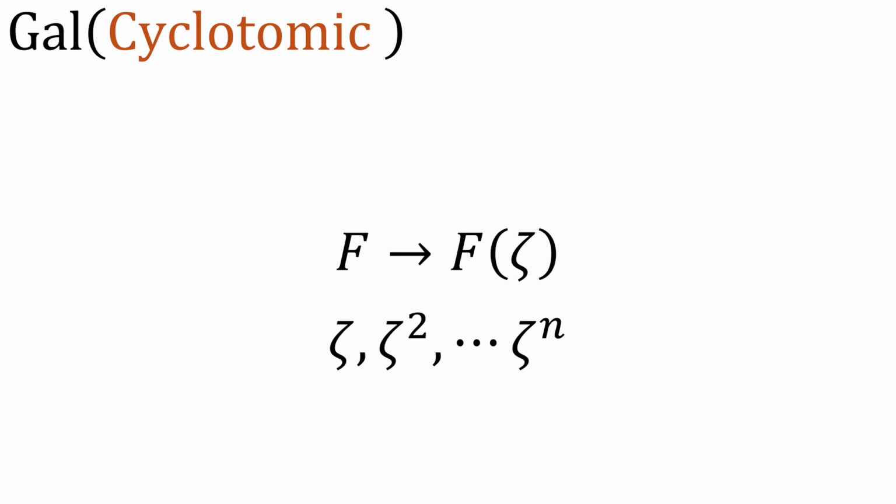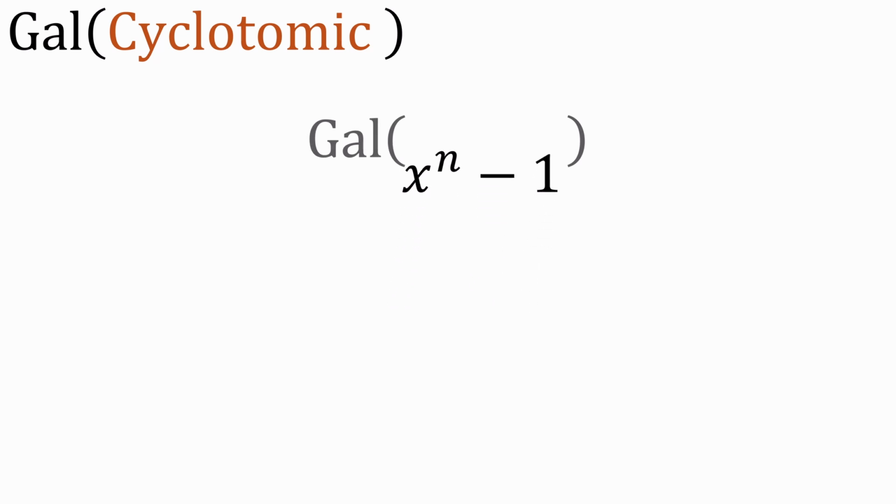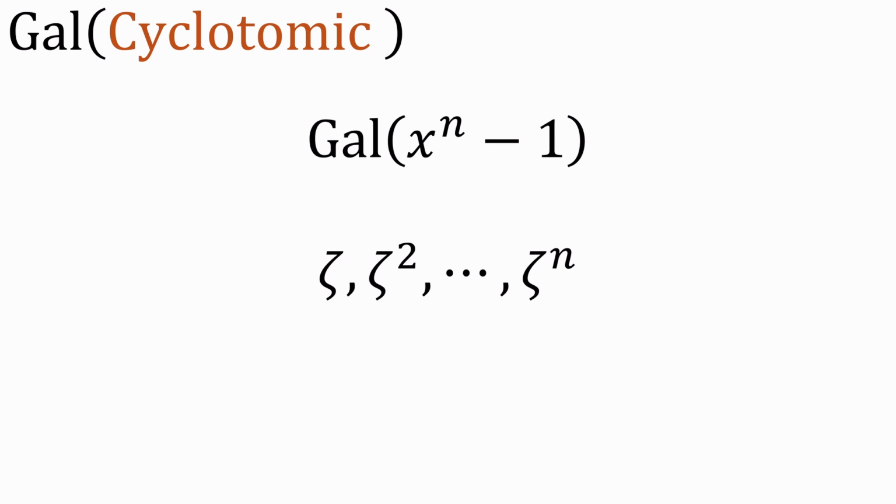We can think about this using our interpretation of Galois groups permuting roots of a polynomial. In this case, we've adjoined the nth roots of unity, zeta, zeta squared up to zeta to the n. These are the roots of the polynomial x to the n minus 1, meaning we're dealing with the Galois group of this polynomial. This Galois group is a set of automorphisms which permute the roots of this polynomial.